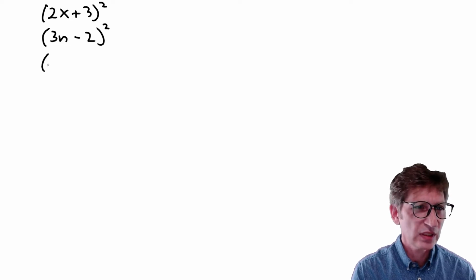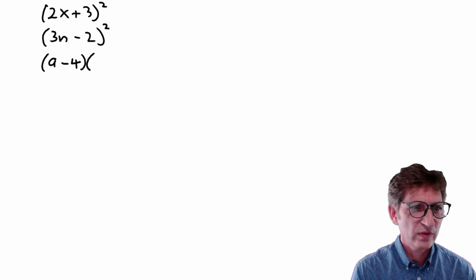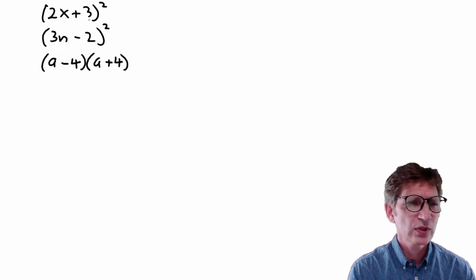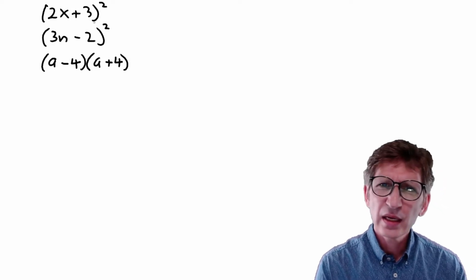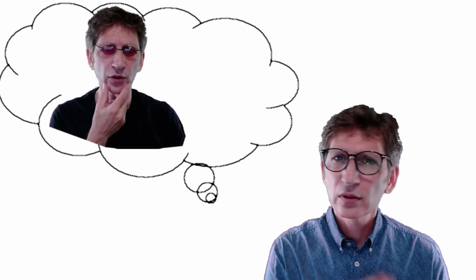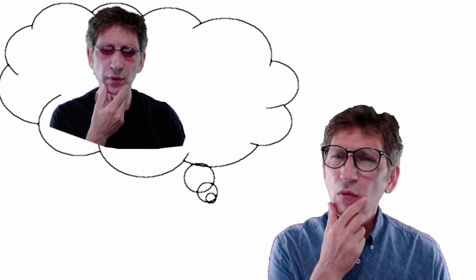And we've also seen this situation where we've got the sum of two numbers times the difference of those two numbers. I wonder if there's a quicker, easier way to do this.